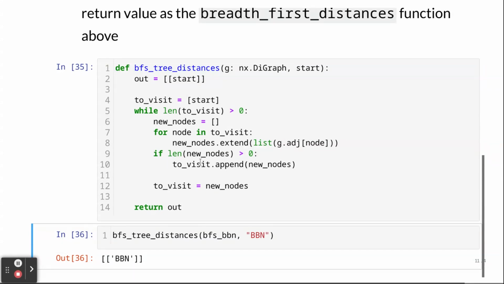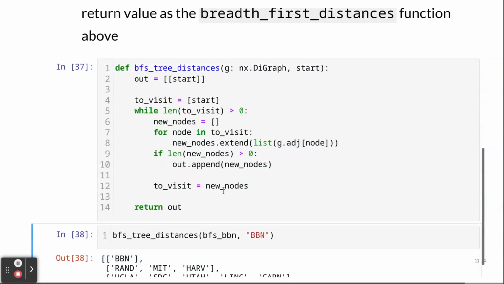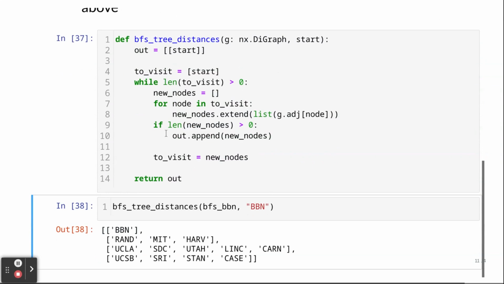Okay. One error is that after we've seen all of the nodes we're currently visiting and we've extended our list to include its connections, if we found anything, instead of putting it into to visit, we actually need to put it onto our output. Now we've considered all of the next distance nodes, and that fixed it for me.